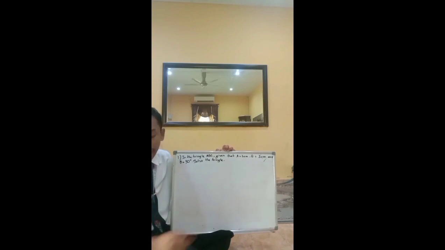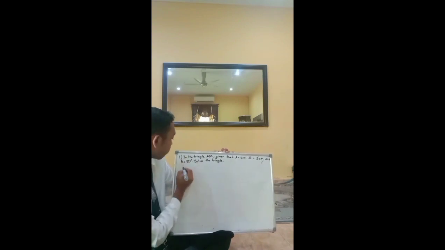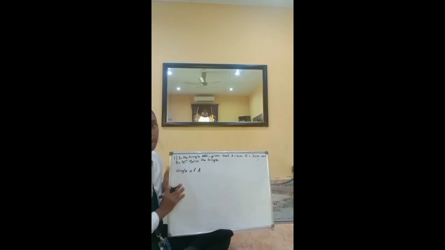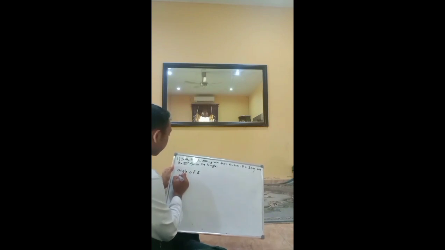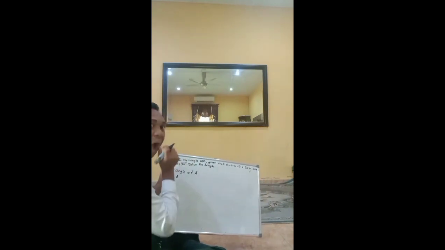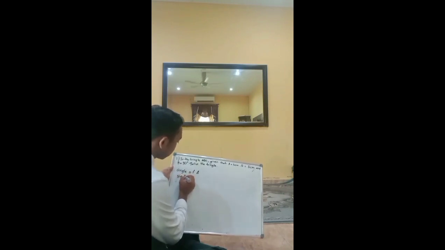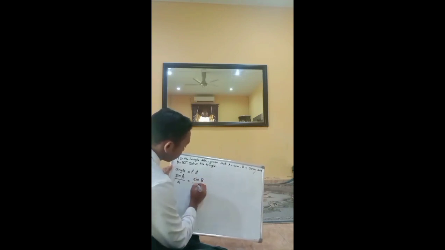Solve the triangle. First, we must find angle A. So first thing, we should know sine A per a equals sine B per b.